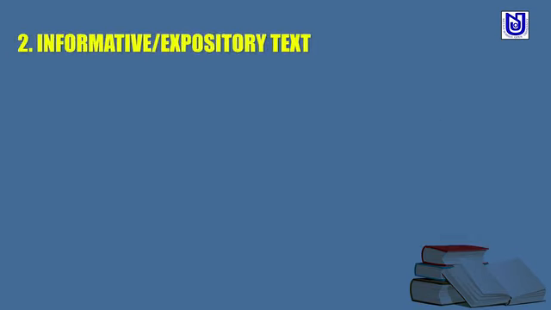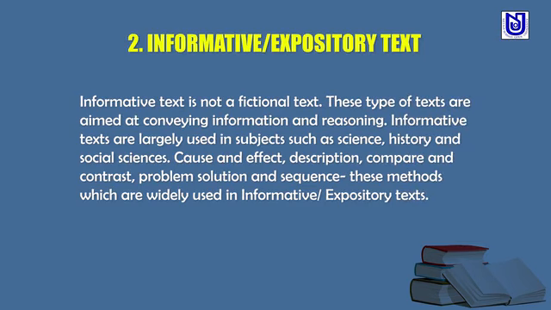And the second one is informative or expository text. Informative text is not a fictional text. This type of text is aimed at conveying information and reasoning. Informative texts are largely used in subjects such as science, history and social science. That means informative text is mainly used for academic purposes.